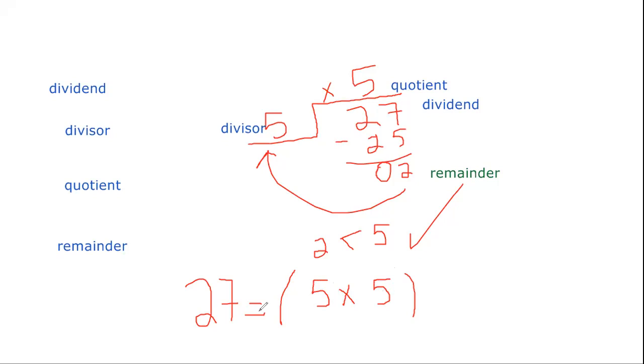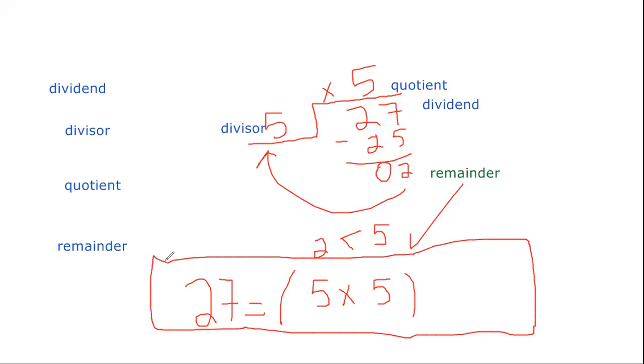Is 25 equal to 27? No. So till now, this statement is not correct, because 27 is not equal to 5 times 5. 5 times 5 is 25, plus 2. Let us check: 25 plus 2 is 27. So now they are equal.